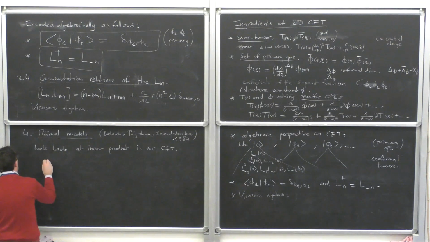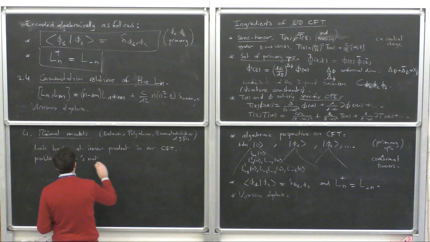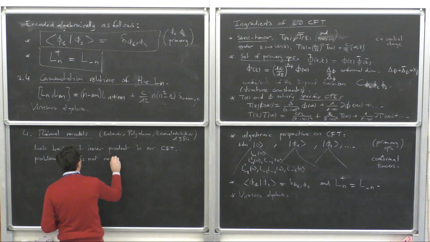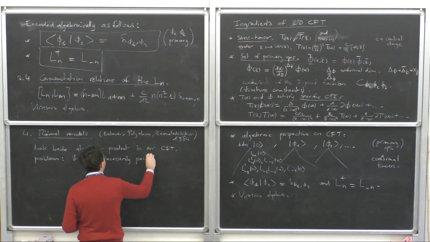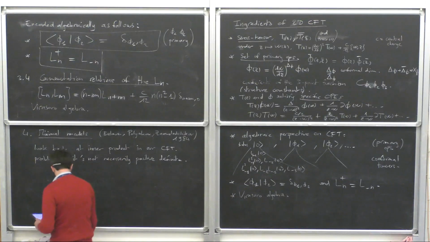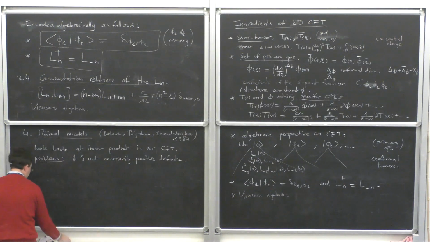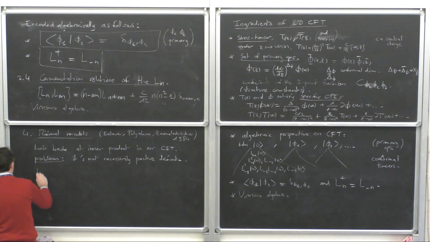There is a problem, or maybe it's a problem, maybe not, but it is a fact that it's not necessarily positive definite. Which means that you can find sometimes states that have a negative squared norm. A simple example is this one.